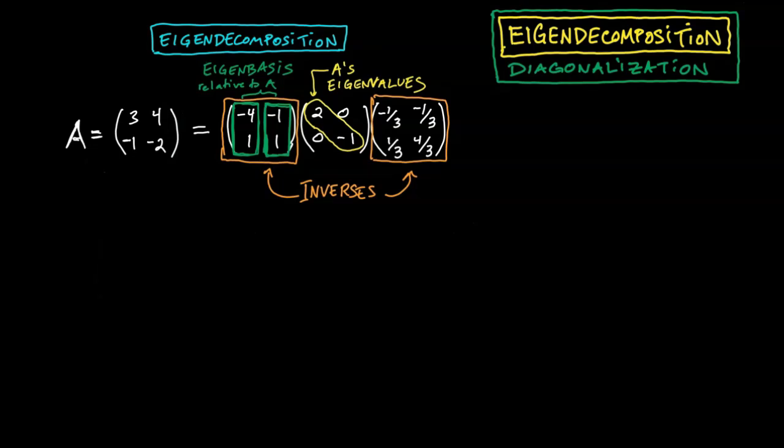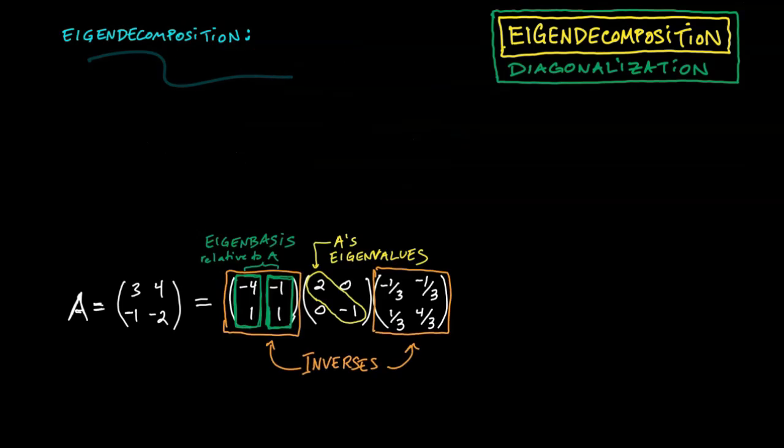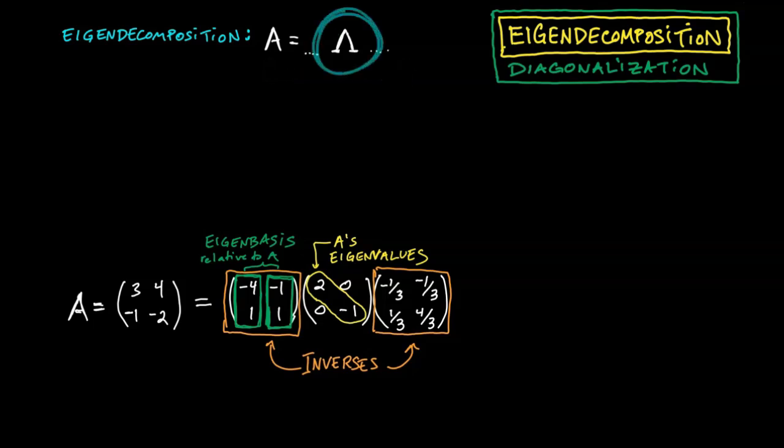And if we want to talk about eigendecomposition in the abstract, not just for one particular matrix, we would usually describe it in the following sorts of symbols. We take some matrix A and decompose it, of course, into a product of three matrices, and the middle matrix we usually describe, when we're discussing it in the abstract, with this symbol. That is a capital lambda.